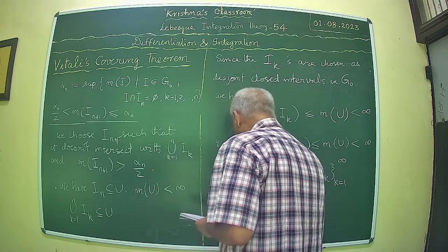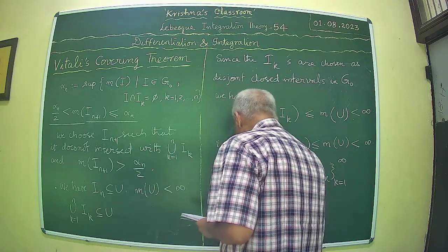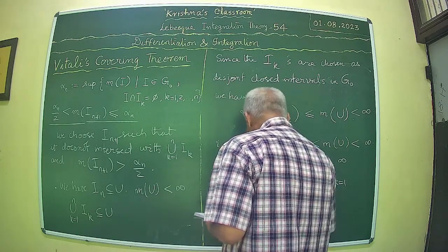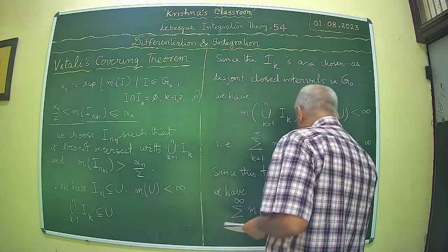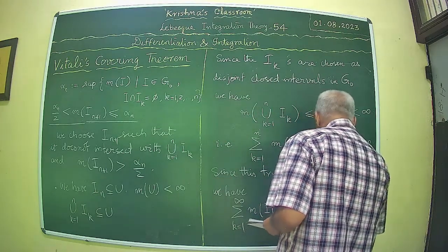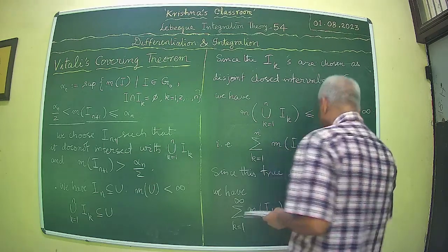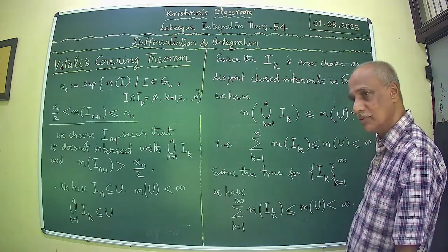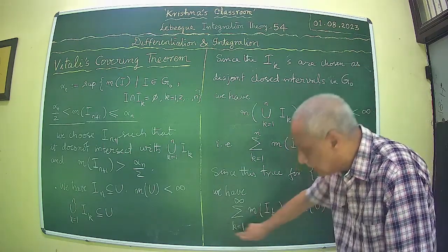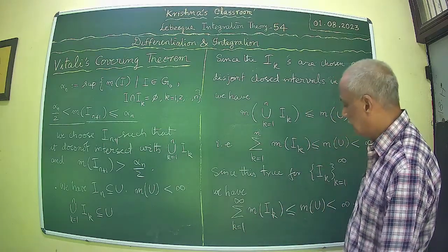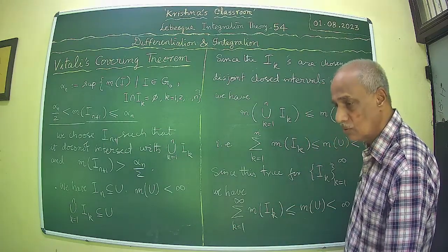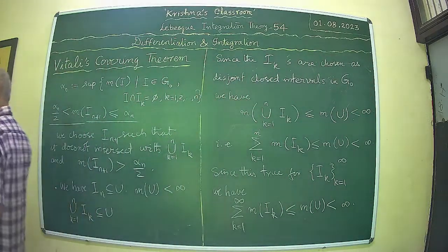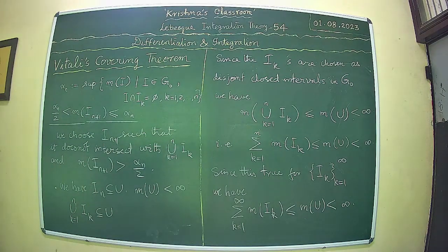We have the sum over k equal to 1 to infinity of the measure of I_k is less than or equal to the measure of something finite. They are all disjoint. So what do you have? This is an infinite series, and this infinite series is convergent. What does it say? It says the tail of this series can be made as small as we please.